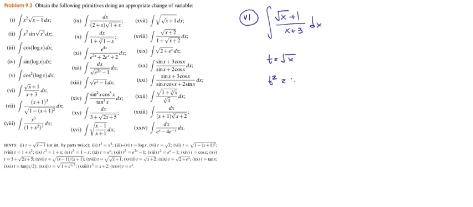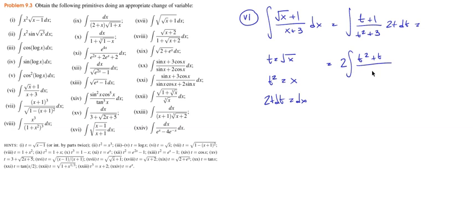So t squared is x, 2t dt is dx, and so this is equal to t plus 1 divided by t squared plus 3, times 2t dt. In other words, this is 2t squared plus t divided by t squared plus 3.